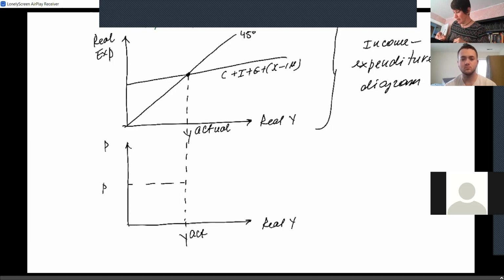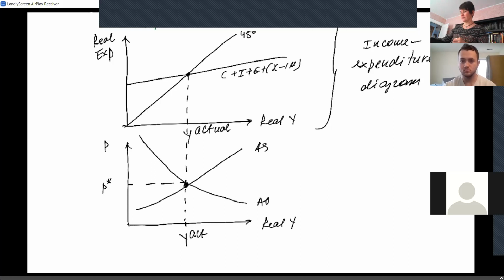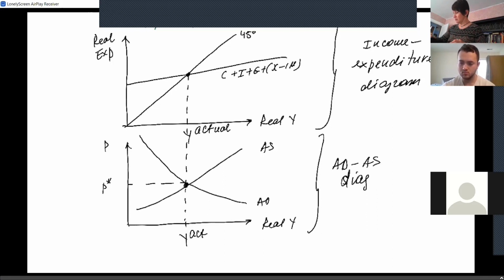We usually select a price level at random, and then we bring the aggregate demand and aggregate supply, almost right here. But that's for future reference.